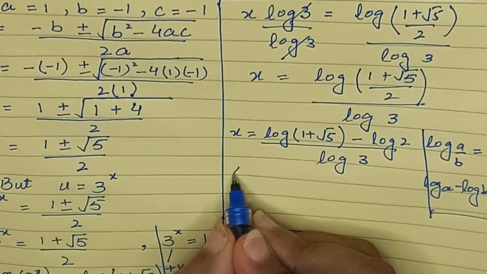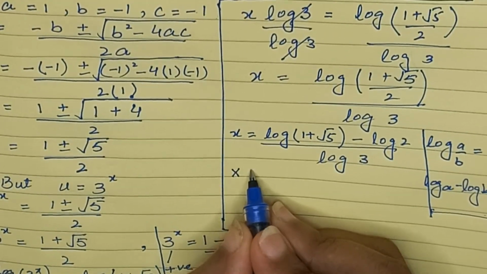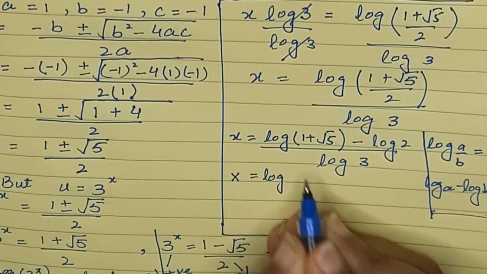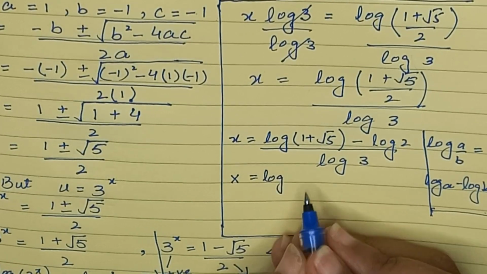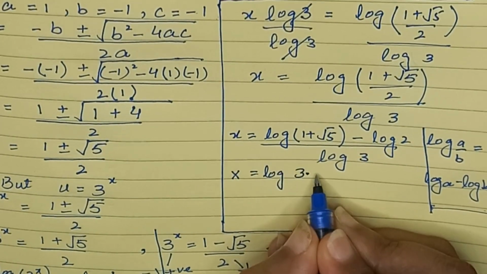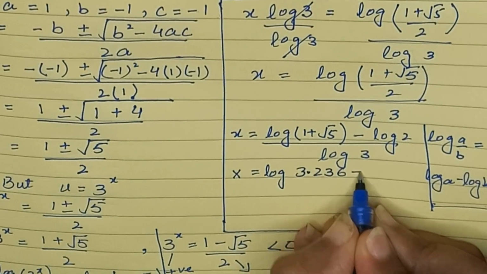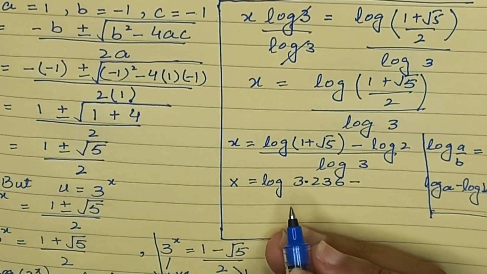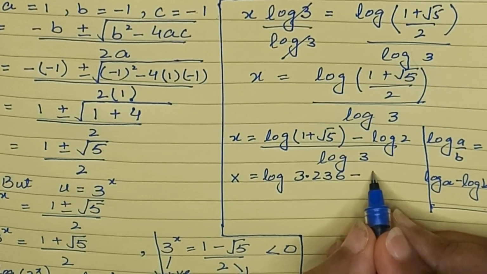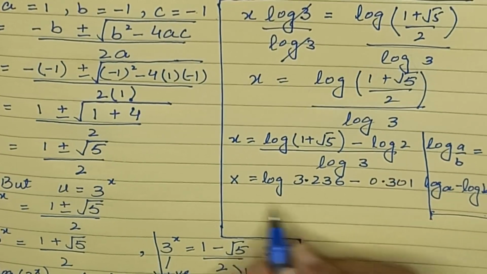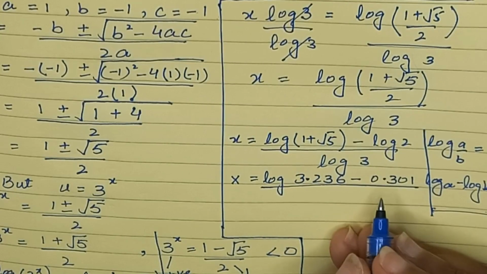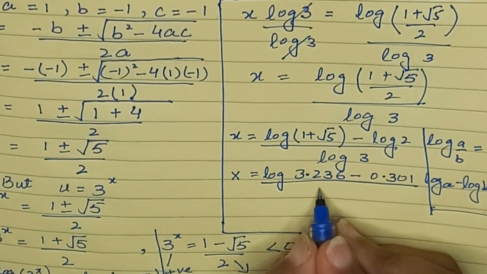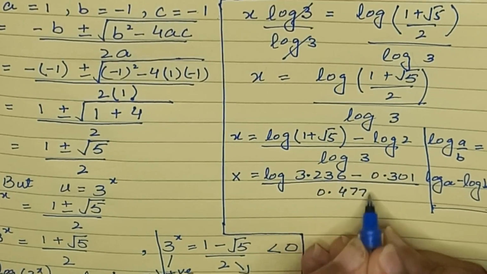So x is equal to log of 1 plus square root of 5, which is 3.236, minus log of 2, which is 0.301, divided by log of 3, which is 0.4771.